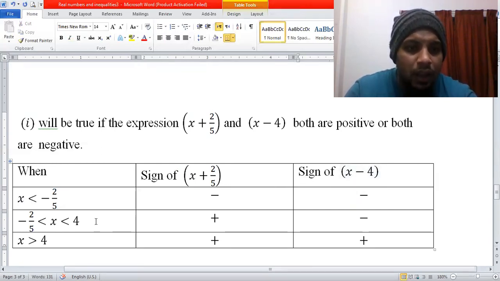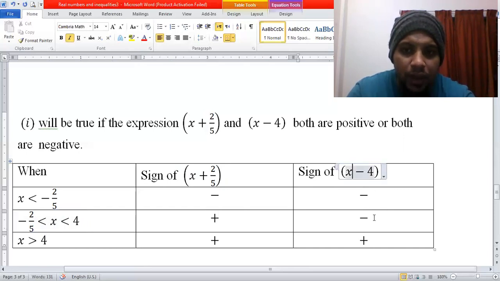Okay, and if minus 2 by 5 is less than x is less than 4, then say for example, we are taking the open interval between minus 2 by 5 and 4. So, for example, we consider 3. If we consider 3, then 3 plus 2 by 5 will give a positive output. But here 3 minus 4 will be negative. Okay, that means it is not fulfilling our condition.